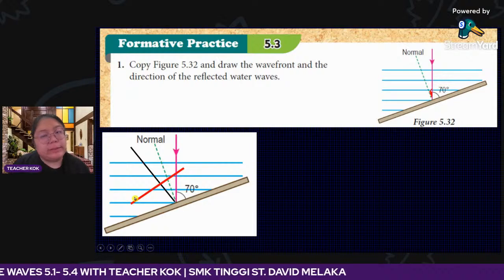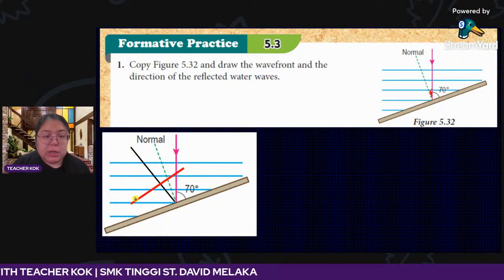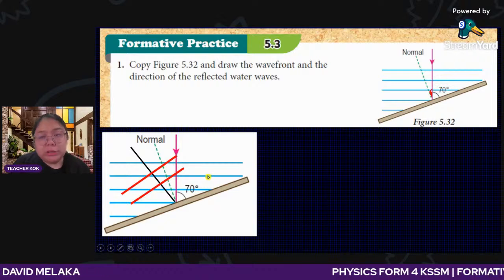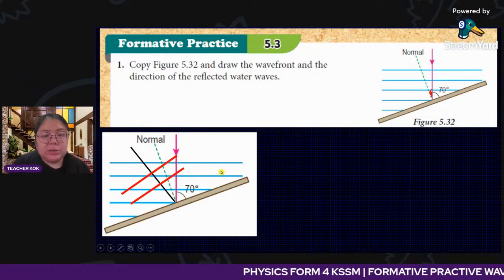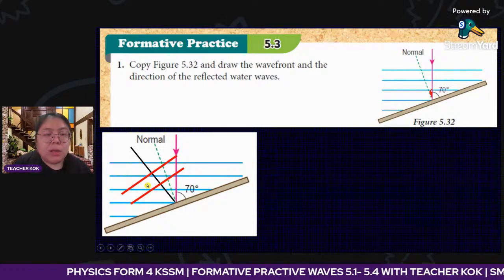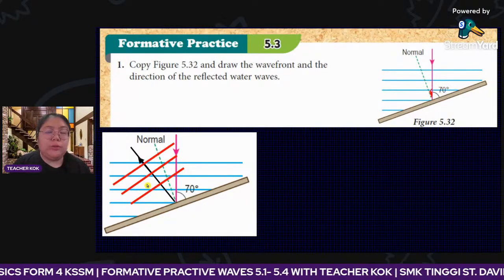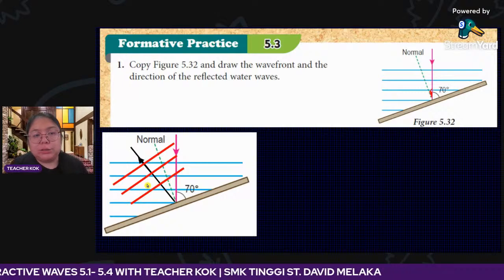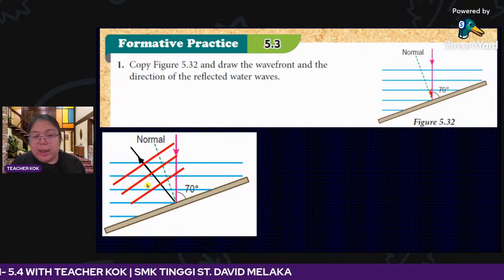After reflection, the wavelength must also be the same, no changes. So when I draw the second line, I want to make sure it is the same as the original. Let's say this one is 0.2 cm, this one also must be 0.2 cm. Continue to draw 3 to 4 waves, then it is enough. No need to draw so much. Okay, so this is the answer for number 1.